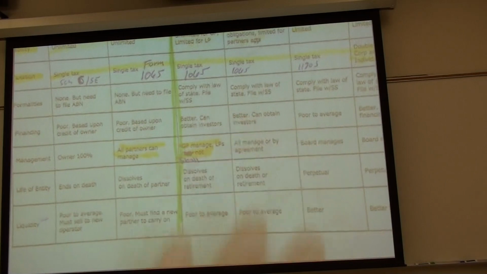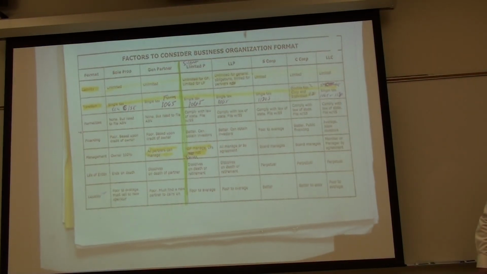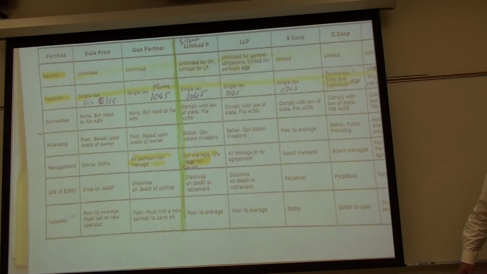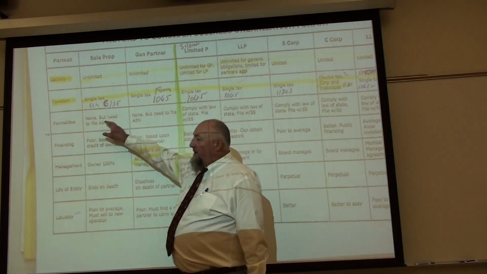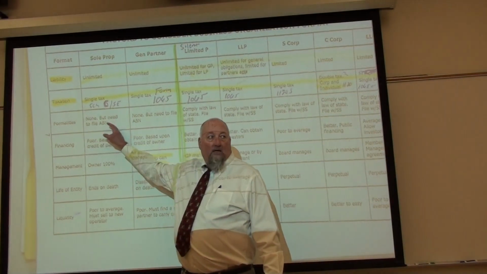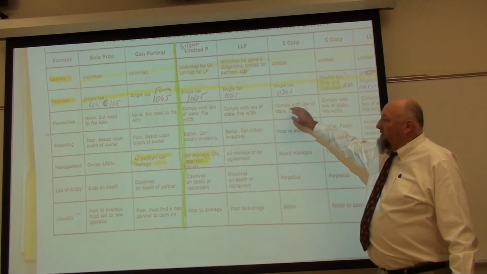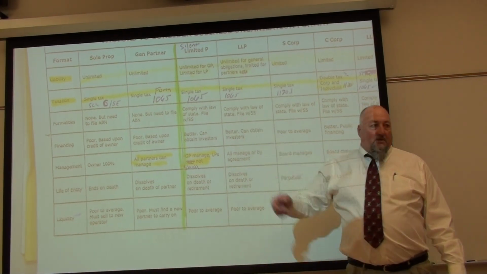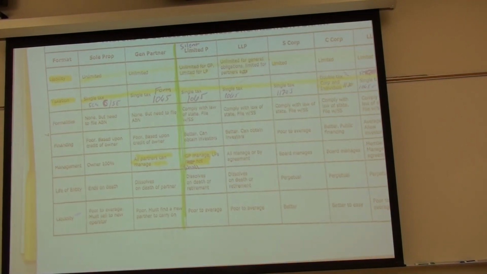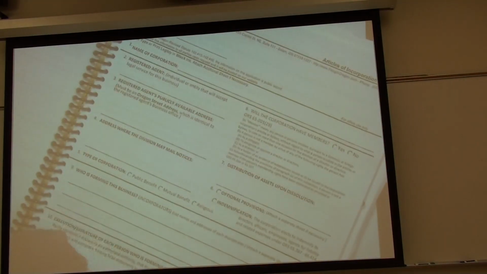So just real quickly, we talked about formalities. Sole proprietorship, general partnership, none, but may need to file an ABN, assumed business name. Over here, comply with the law of the state, that is filed with the Secretary of State. So what is an ABN, an assumed business name? And again, I have that form for you in the book. This is also from the Secretary of State.